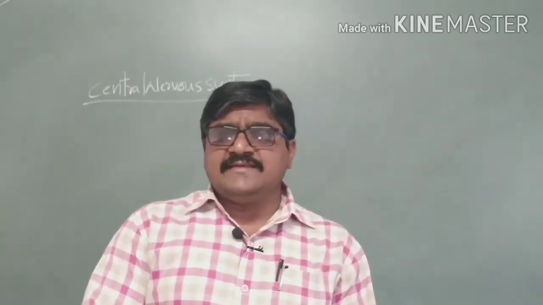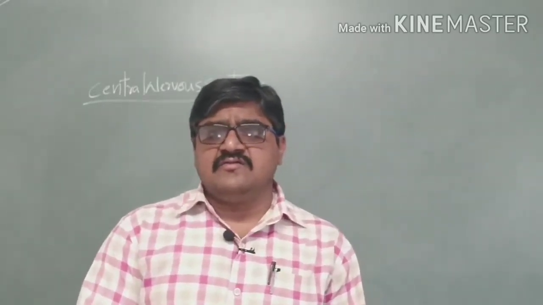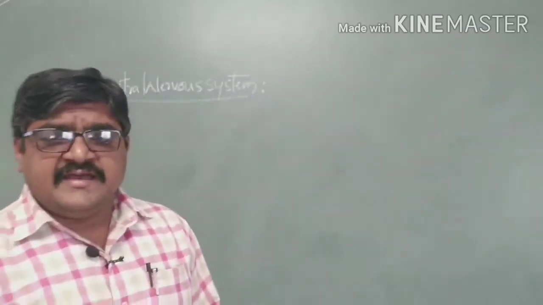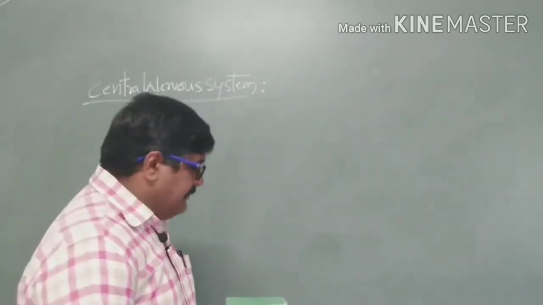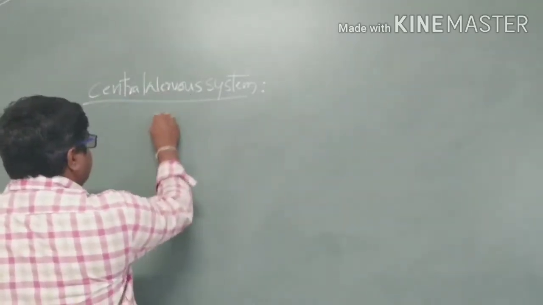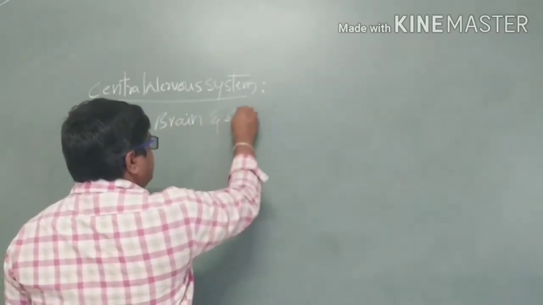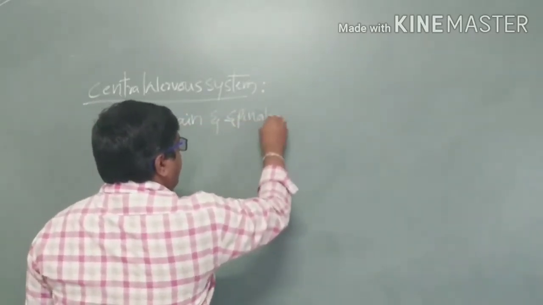Now we are going to discuss the central nervous system. The central nervous system consists of two main parts. One is called the brain, and the second one is the spinal cord.